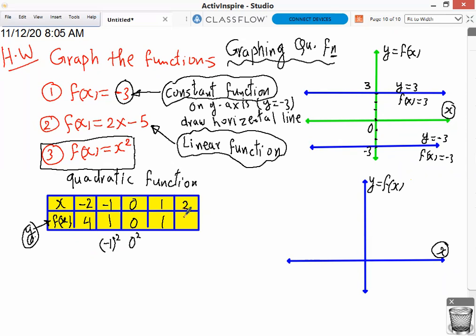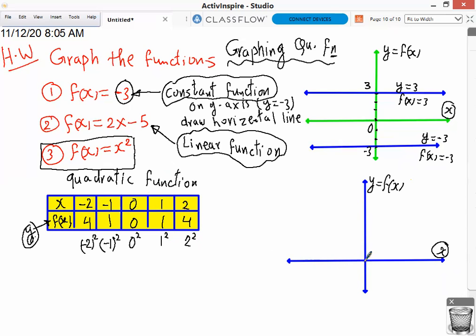What about 2? You see, it's symmetrical. It divides the values of x into 2 halves and the values of y into 2 halves. It's the same for x and y. Okay? Then here is (-2) squared if you want to substitute. Here is 1 squared. Here there is no need to put brackets.